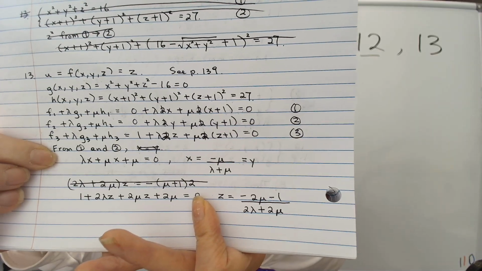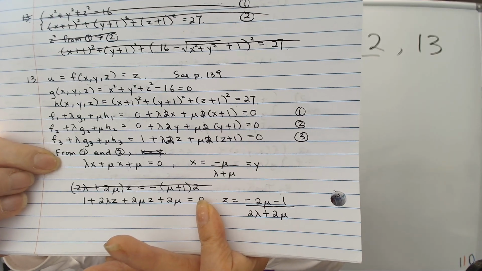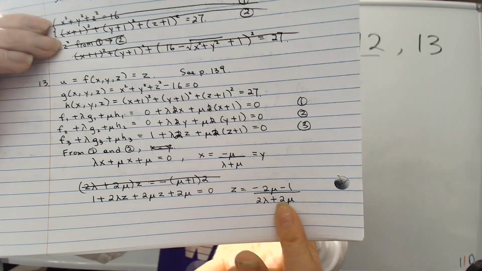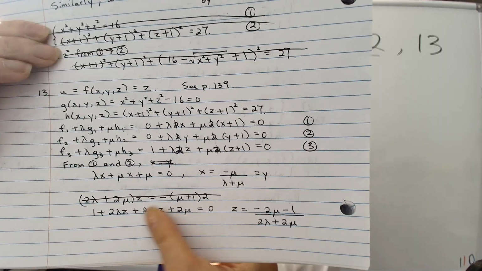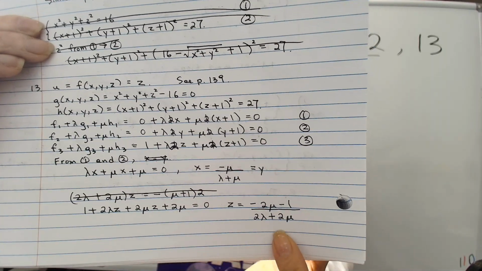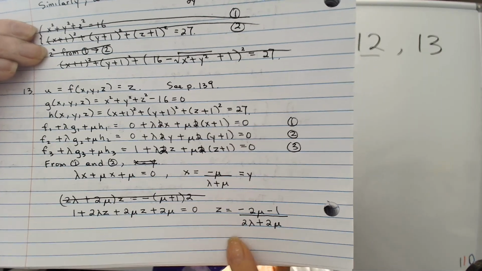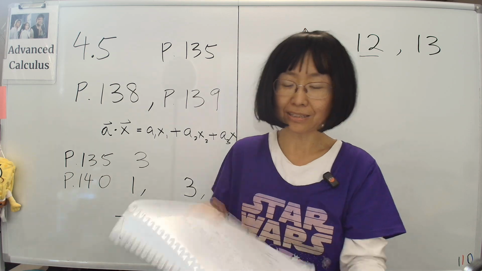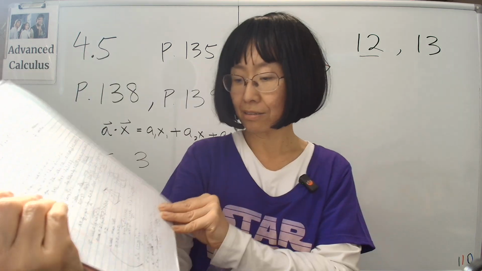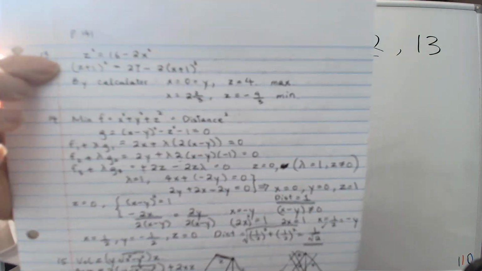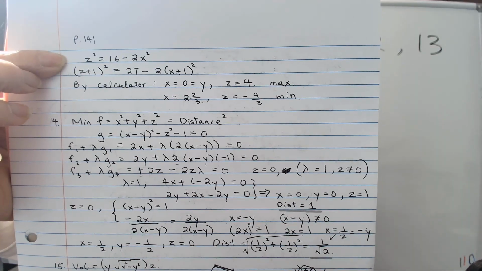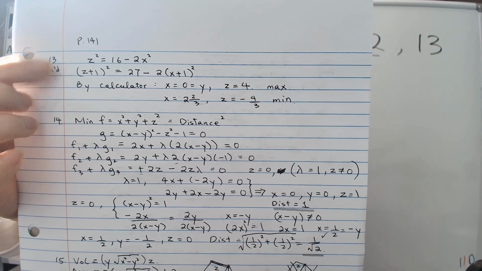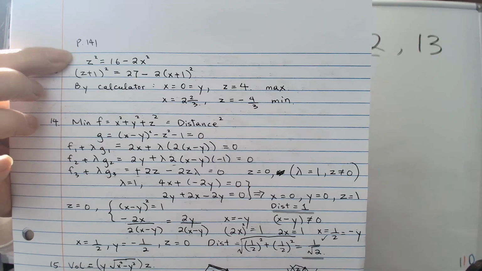We end up with x equal to y. If x equal to y, then z equals something after you plug it in. Eventually I got z squared equal to this, and I end up with these two equations.